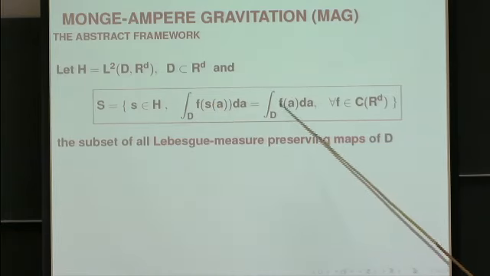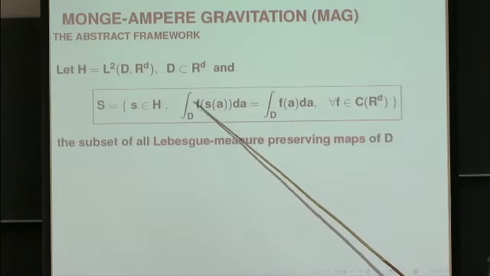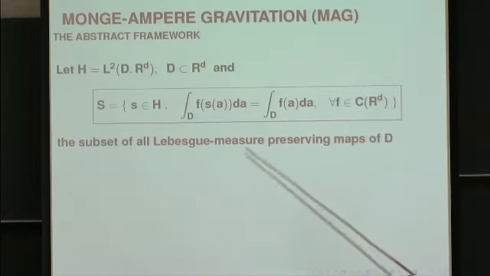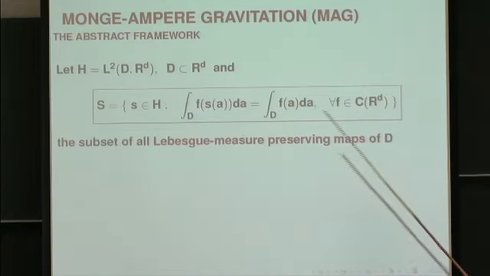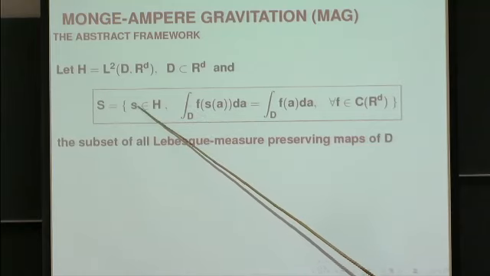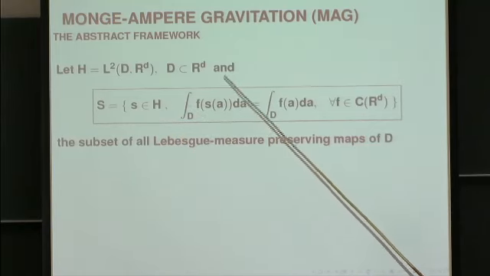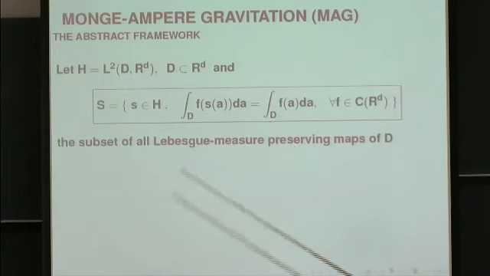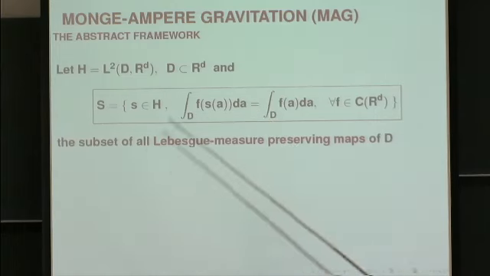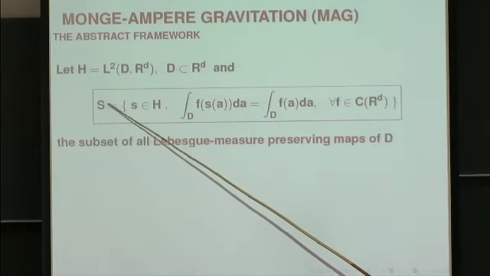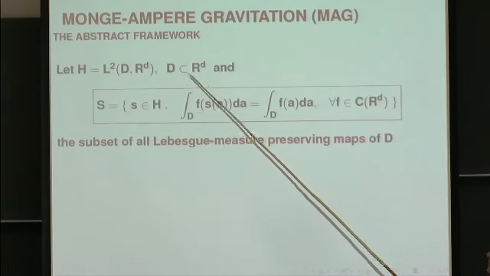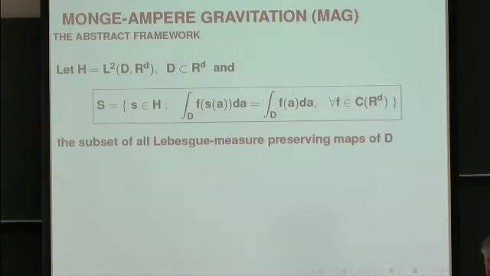So this is just the action of s on this kind of integral being the same as the identity map. This is a set of Lebesgue measure preserving maps. If s is a diffeomorphism, this just means that the Jacobian determinant of s is 1. If it's an orientation preserving diffeomorphism, then this set is made of all the orientation preserving diffeomorphisms of D that have a Jacobian determinant equal to 1.